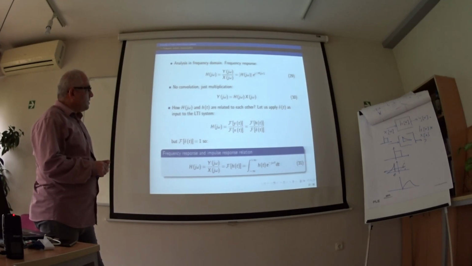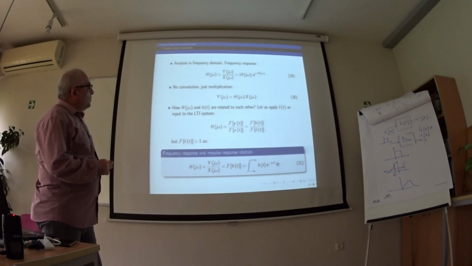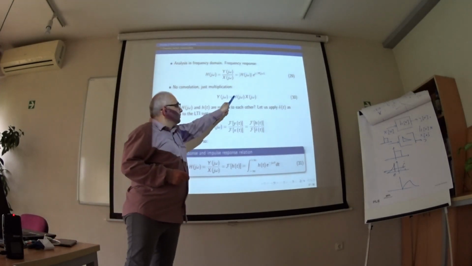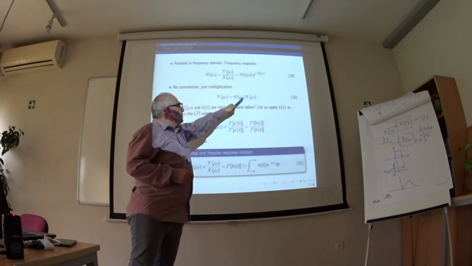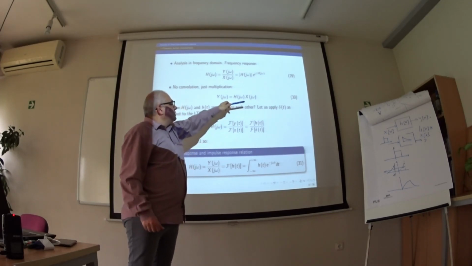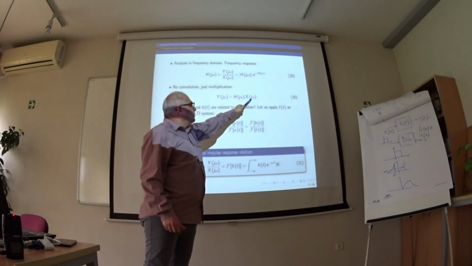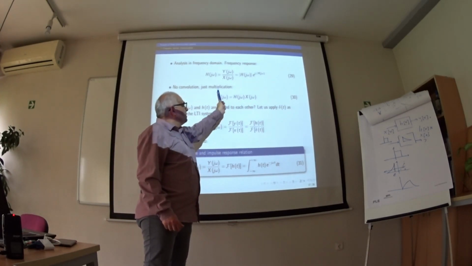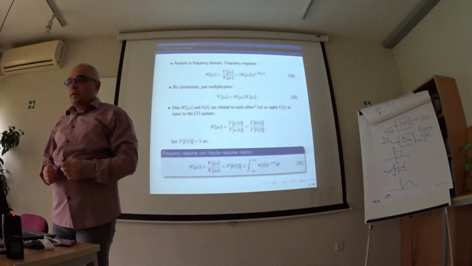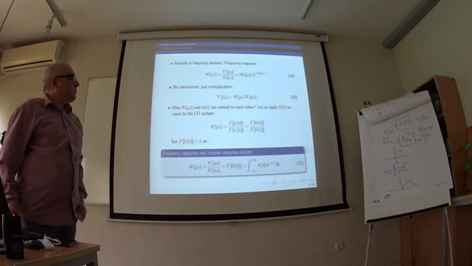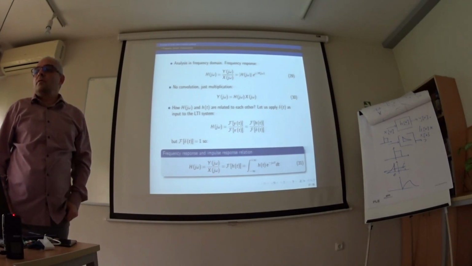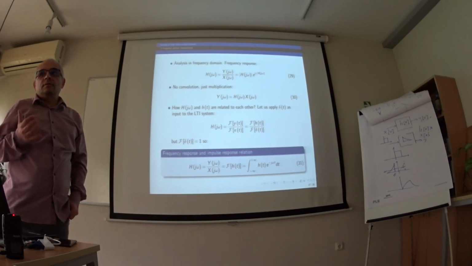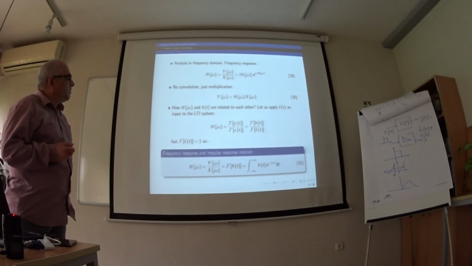And if we know the frequency response and want to predict the output signal, it is very simple because we just have to multiply the input spectrum by the frequency response and we will get the spectrum of the output signal. As you can see, we don't have convolution anymore, we have multiplication. Convolution is in the time domain, multiplication is in the frequency domain.